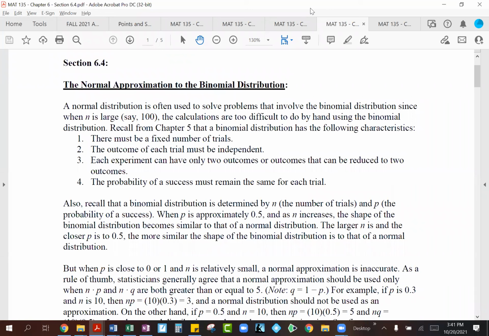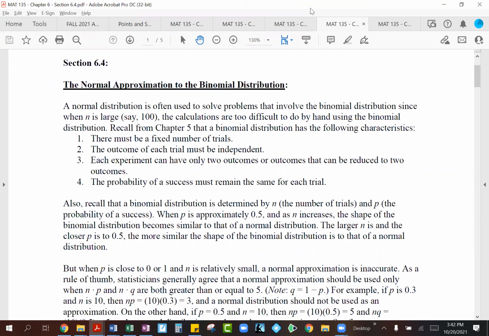So binomial distribution, again, remember, has these properties that have to be satisfied. So you have to have a fixed number of trials. Each trial has to be independent, the outcome. So if you are flipping a coin or rolling a die, every time you do that act, they should be independent. You can have only two outcomes, and we think of them as having a success or a failure.